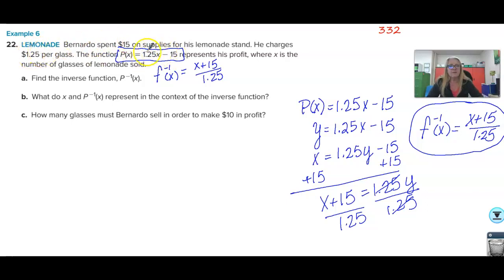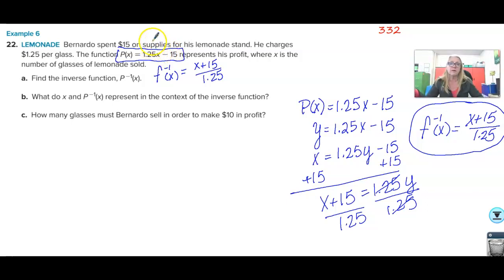So the $1.25 represents his profit per glass. The $15 is the amount he's starting out kind of in the hole, so to speak. He already spent $15. So this equation will tell us, after he's sold so many glasses, how much he's in the black or the red, okay? Accounting terms. When you're in the black, you're in the positive. So once he's made more than $15, he would be in the black.